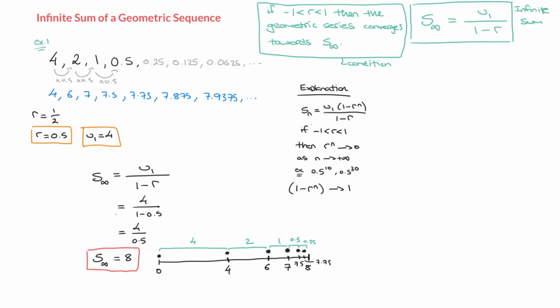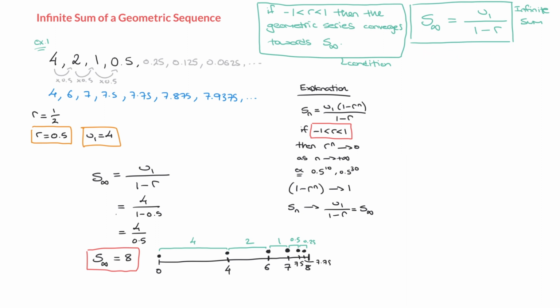And so provided the common ratio lies between -1 and 1, for large enough values of n, this entire formula, s sub n, will tend towards u1 times 1, which is just u1, over 1 minus r. And that's exactly what we define as s sub infinity, which is the formula we saw earlier on.